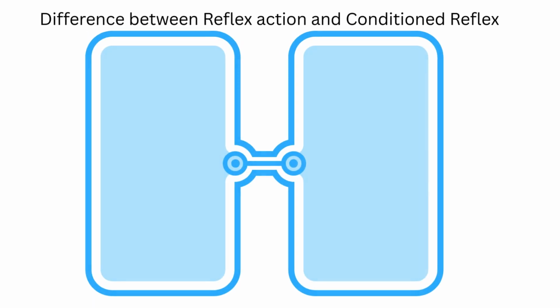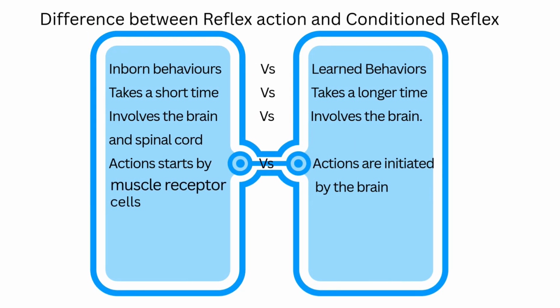Let's look at the differences between reflex action and conditioned reflex. Reflex actions are inborn behaviors, while conditioned reflexes are learned behaviors. Reflex action takes a short time, while conditioned reflex takes a longer time.